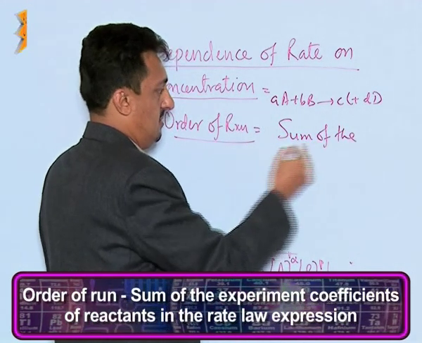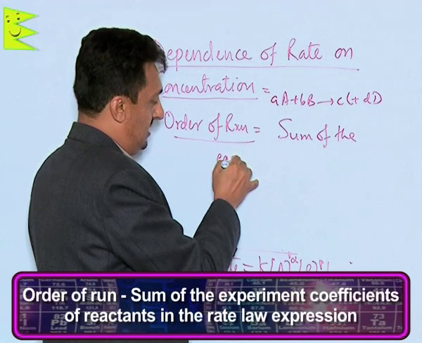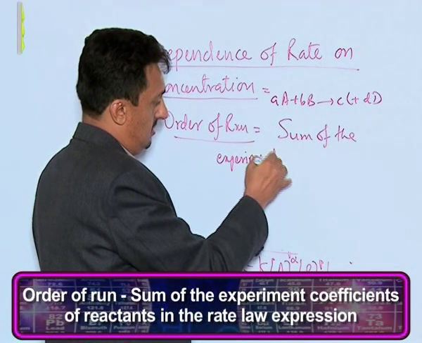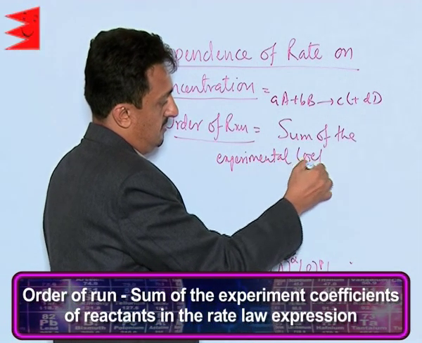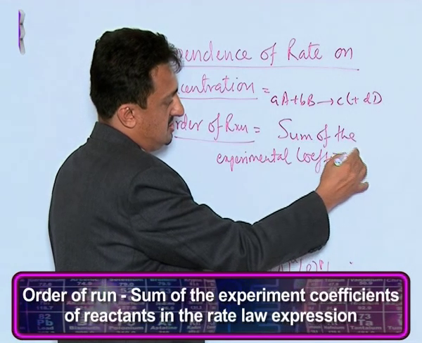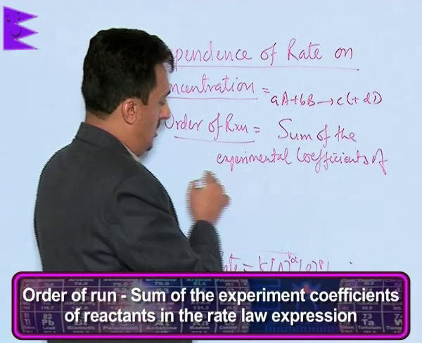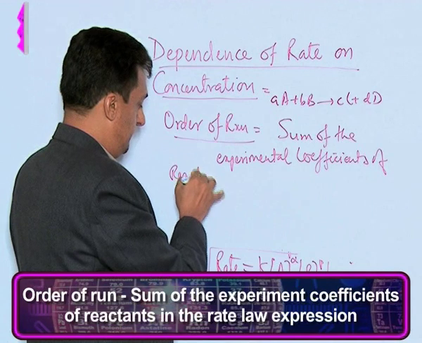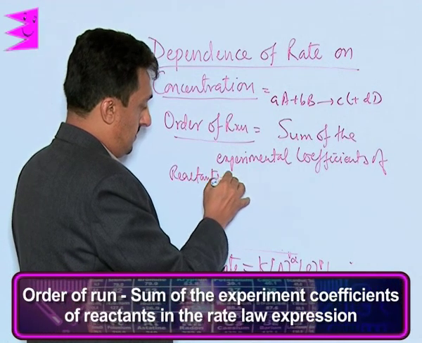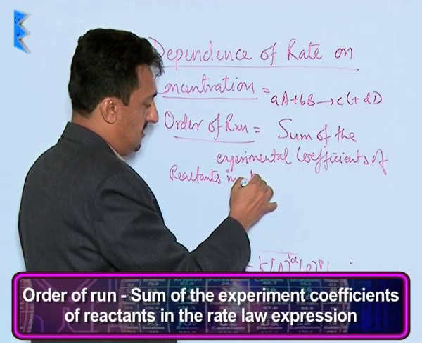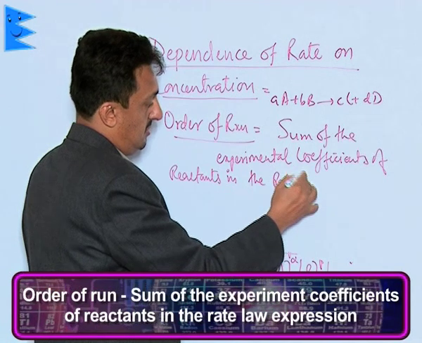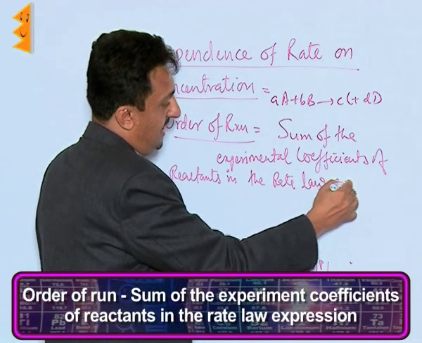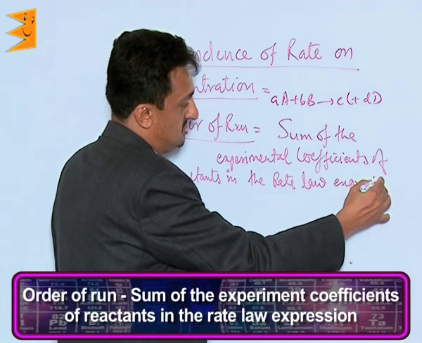See, the order of a reaction, basically, is the sum of the experimental coefficients of reactants in the rate law expression.